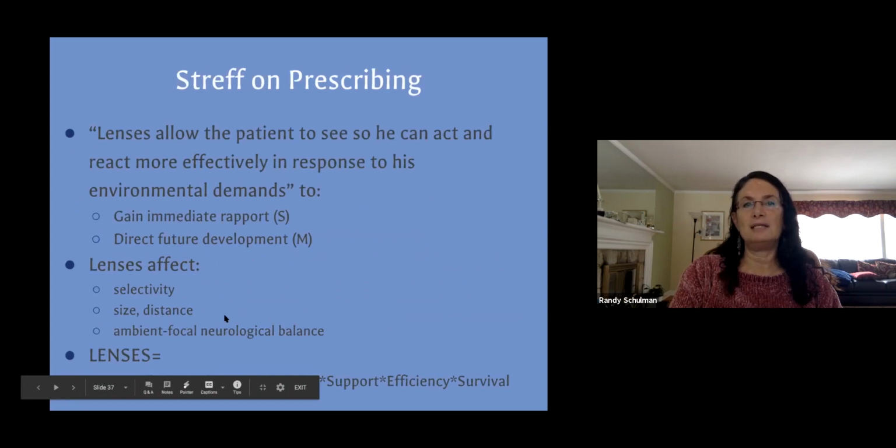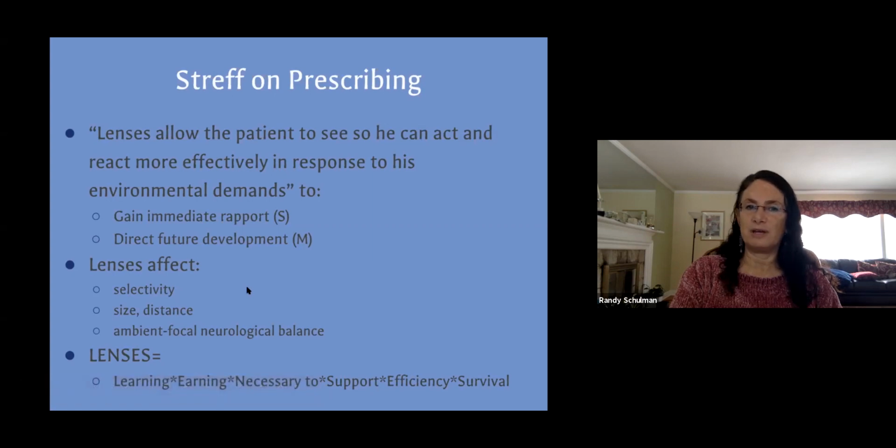So when we think about that, lenses allow the person to be able to see and act and react more effectively. He talked about the fact that lenses have their effect on both the sensory and the motor system. So sensory, they can actually engage in the environment faster, and then that motor piece, they can actually move and develop themselves in that environment.